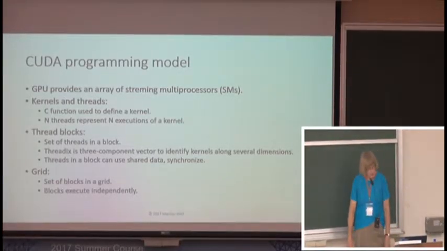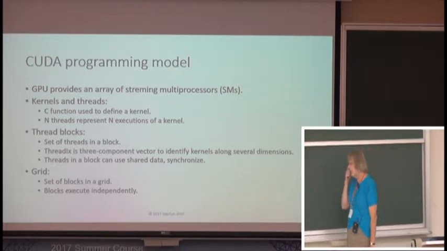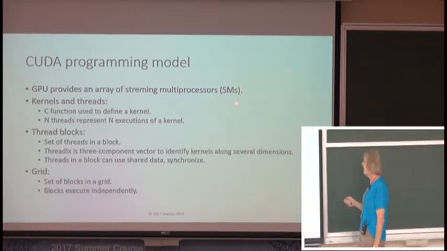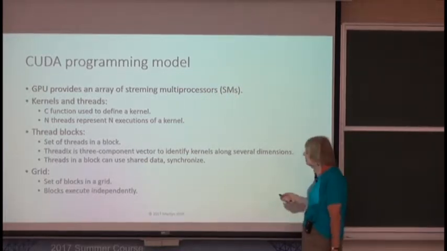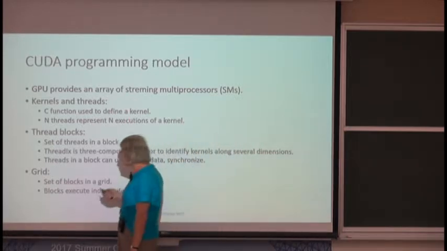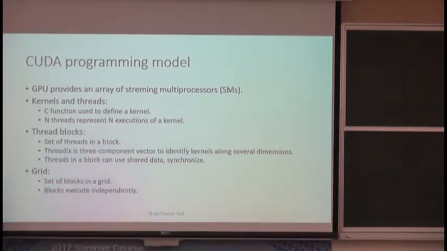Okay. So the programming model, now that we've got those pieces in place, provides an array of streaming multiprocessors. You're going to use a C function to define a kernel. Kernel's a core operation. And then we have n threads that represent n executions of that kernel. A thread block is a set of threads in a block.